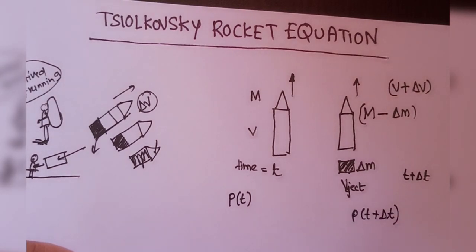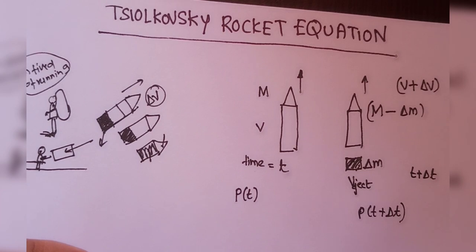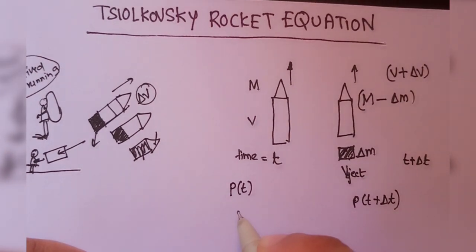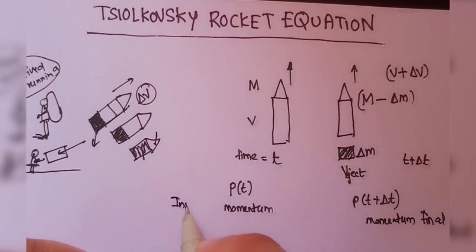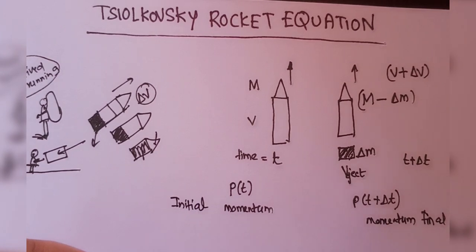So p is nothing but the momentum at time t, and this is the momentum at time t plus delta t. This is the final one, and maybe this is the initial one. Here you need to consider that we have the momentum for the ejected mass also, and we have the momentum for the remaining mass also.